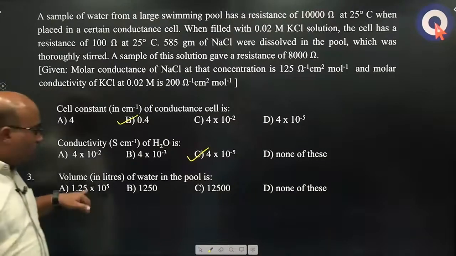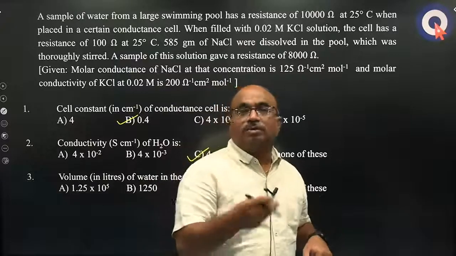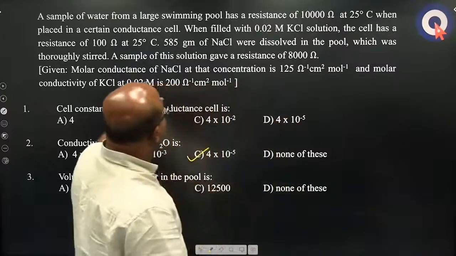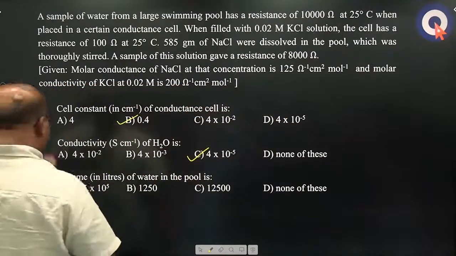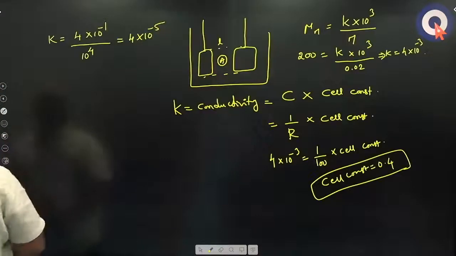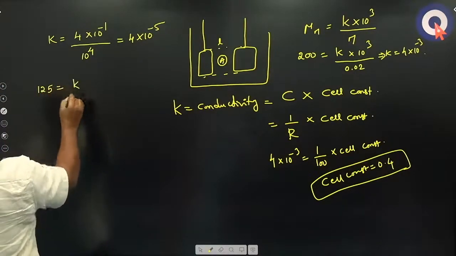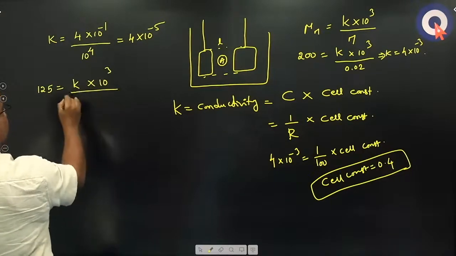Then what is the volume of water that exists in the pool? That we are now predicting through NaCl. What is the NaCl molar conductance? 125. So the molar conductance 125 equals kappa of NaCl into 10 to the power of 3 by the NaCl concentration.